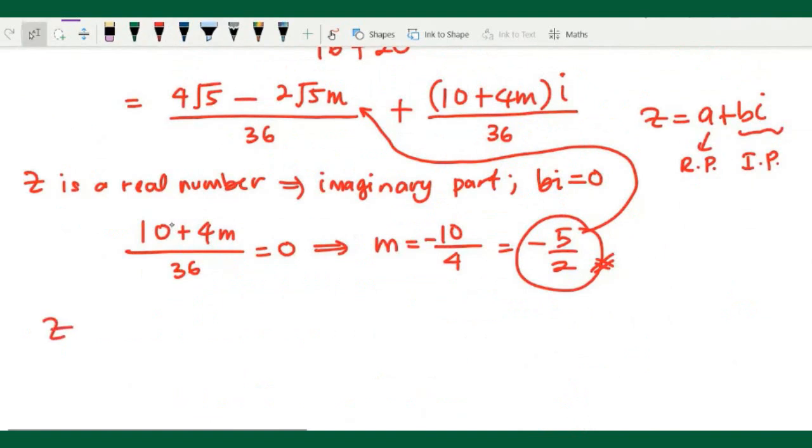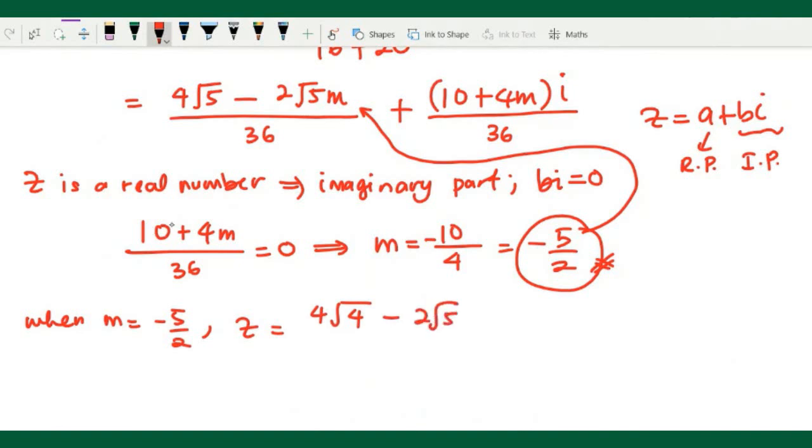So when M is negative 5 over 2, our Z will be 4/5 minus 2/5 M tadi negative 5 over 2 over with 36. Dan boleh permudahkan lah ni.